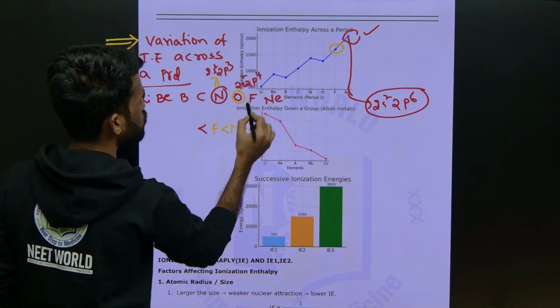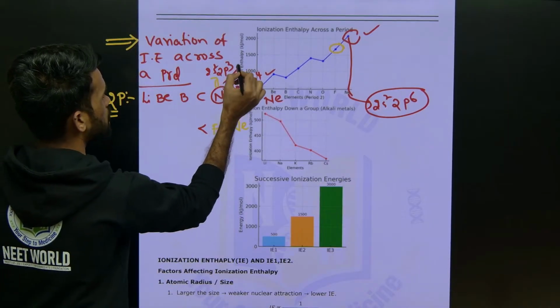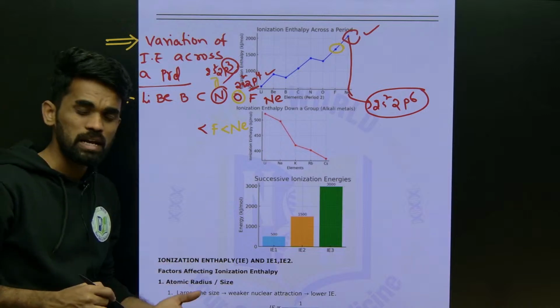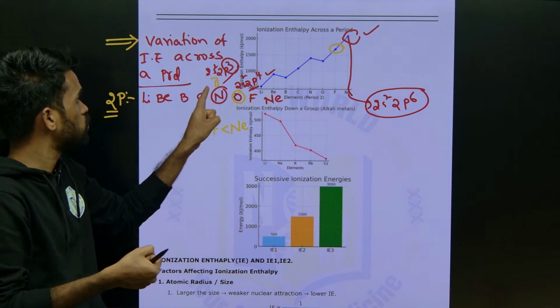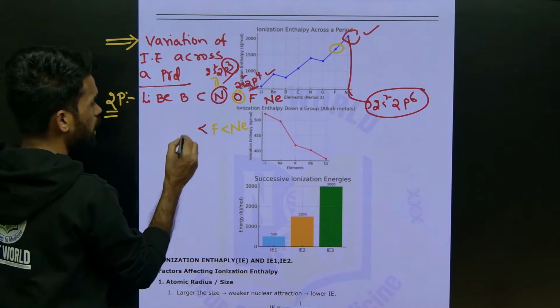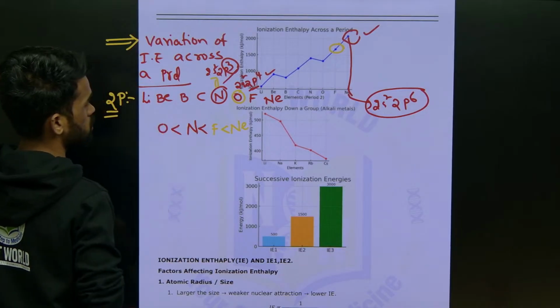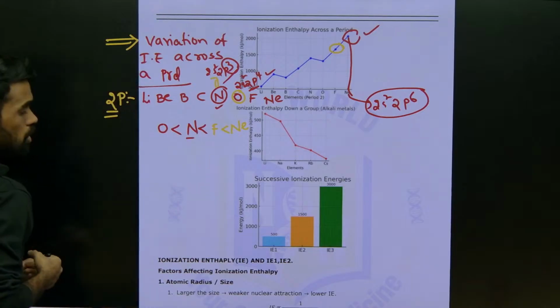So with 2p4, removal of an electron is easier, and with nitrogen it is difficult because it is a half filled electronic configuration. So removal of an electron is very difficult. Nitrogen will have greater ionization energy when I compare with oxygen. It requires more energy, that's why I am saying nitrogen is greater than oxygen.